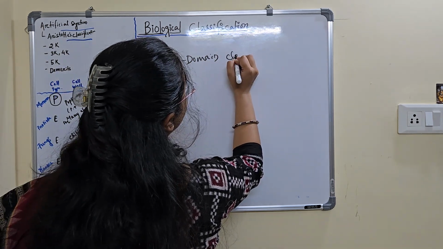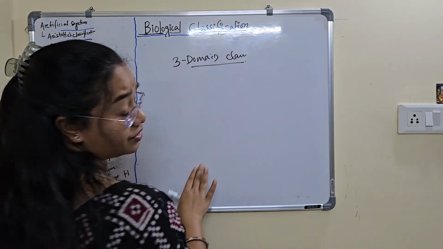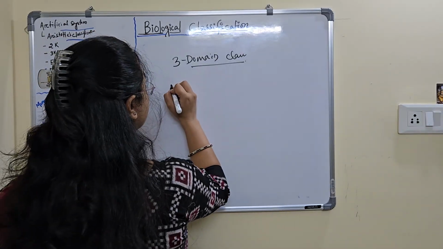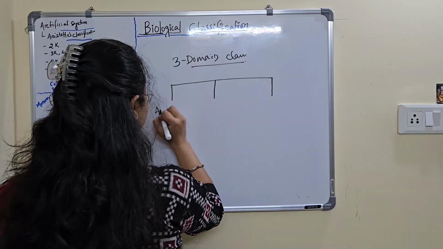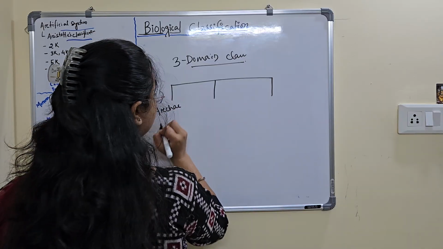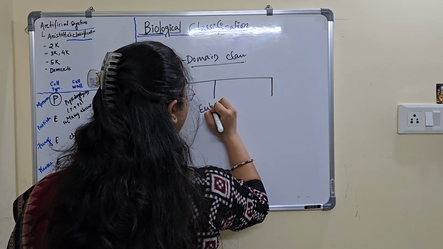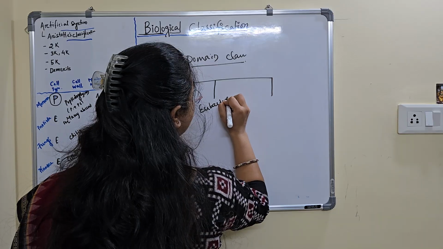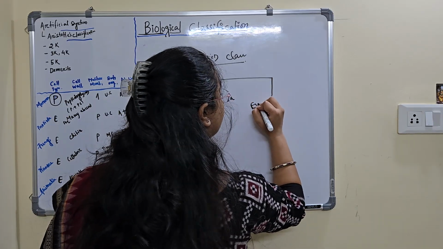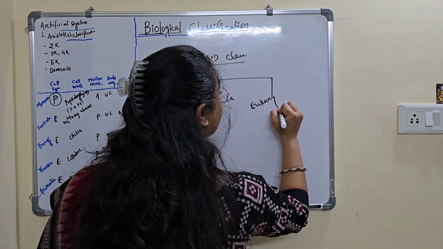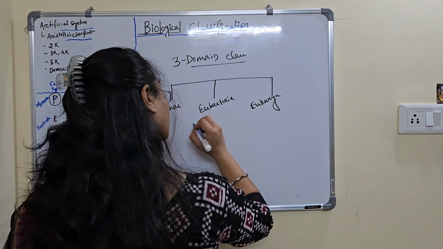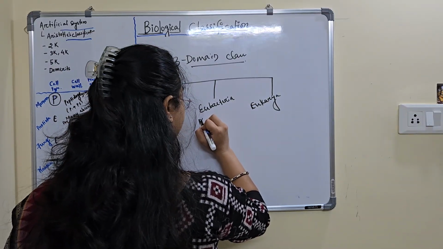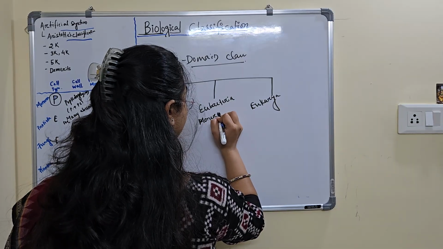Three domain classification system, where all the living organisms have been categorized into three domains, that is archaea, eubacteria and eukarya. In the eubacteria we have the bacteria, that is the Monera, the true bacteria.